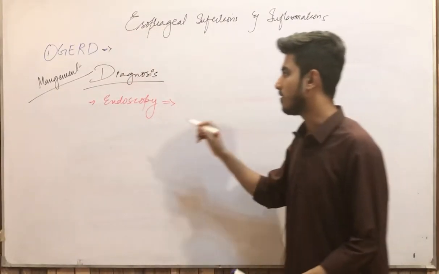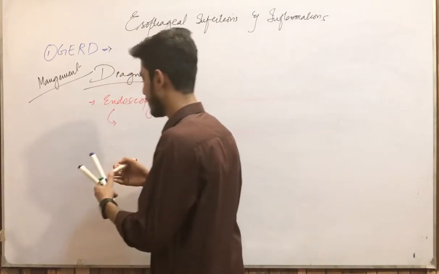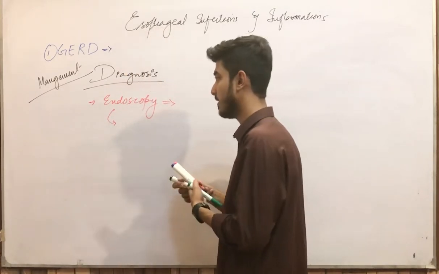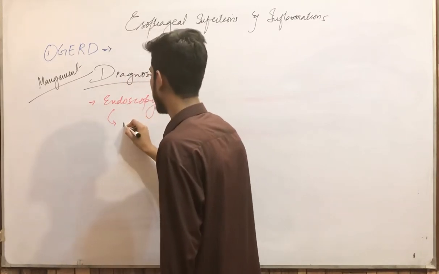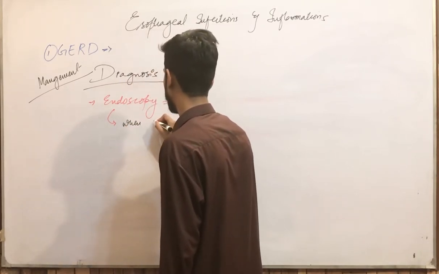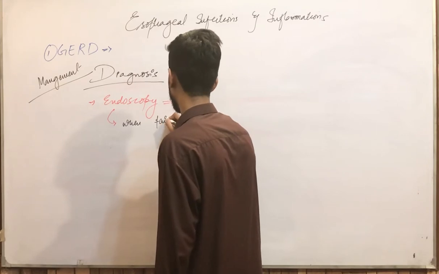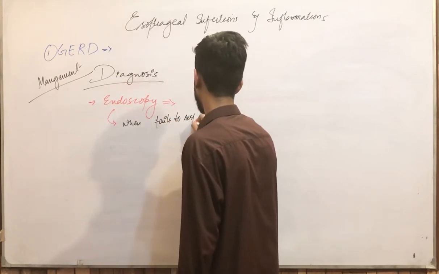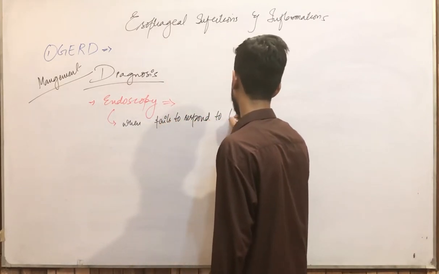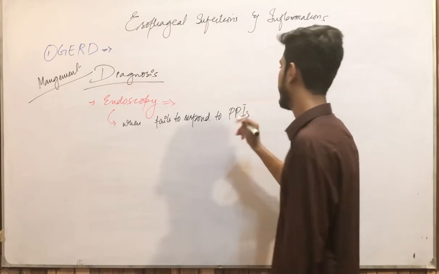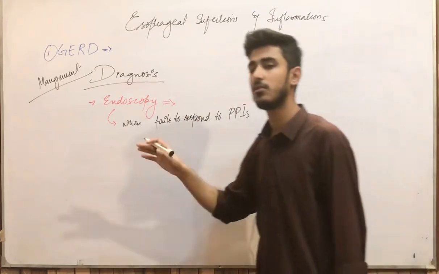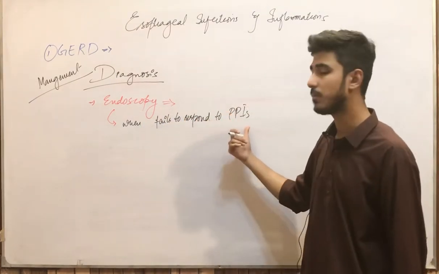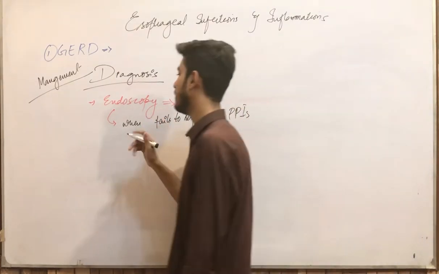When the endoscopy is indicated, you will understand the reasons. The endoscopy is indicated when the patient fails to respond to the PPIs. When the patient fails to respond to the proton pump inhibitors, then you will do the endoscopy.